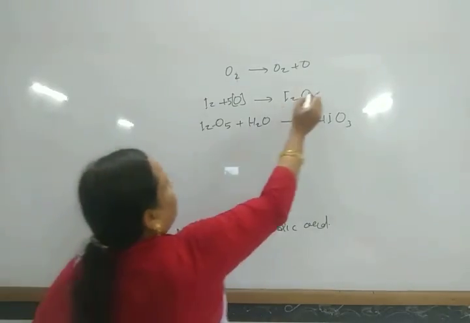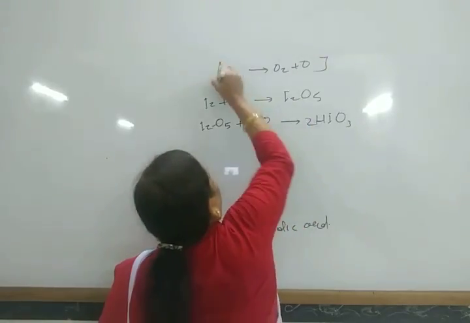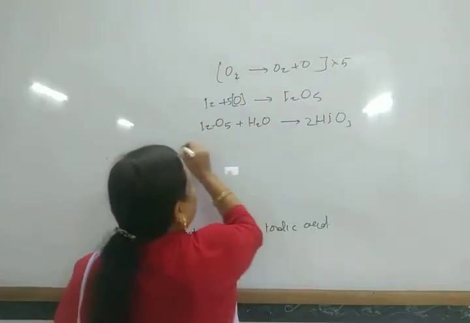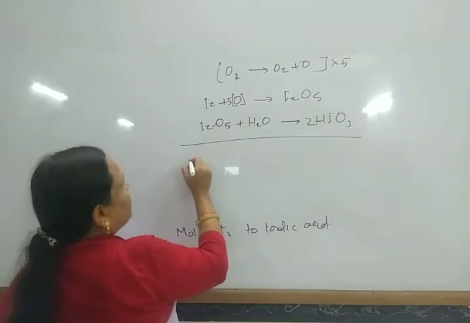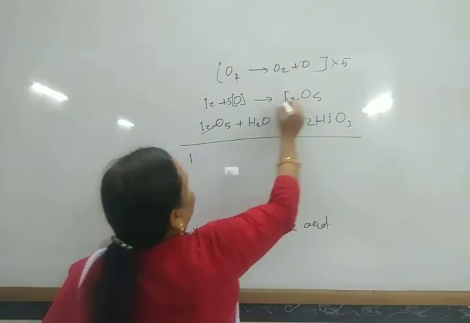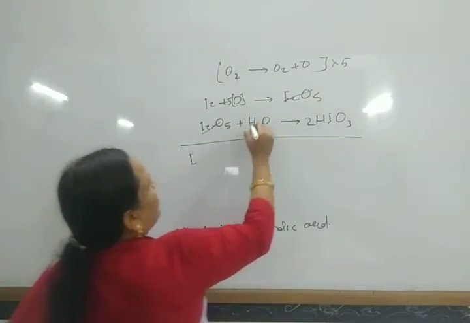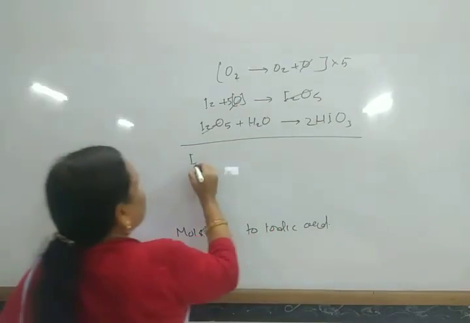Okay. So in this way here you have to just multiply by 5. So I2O5 cancels.